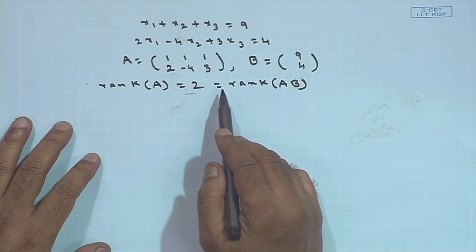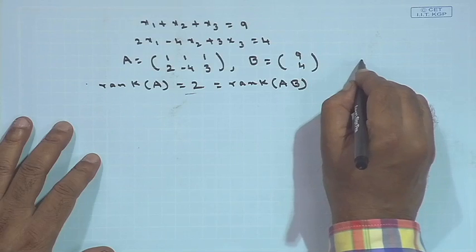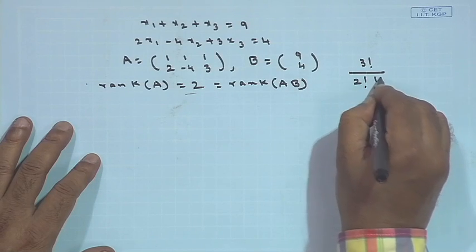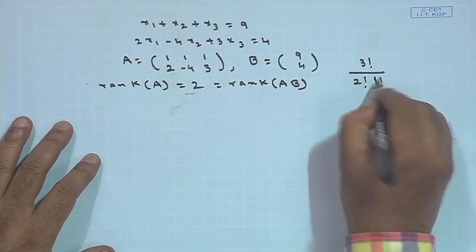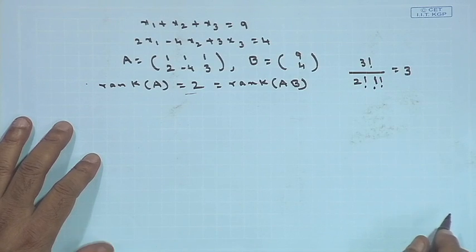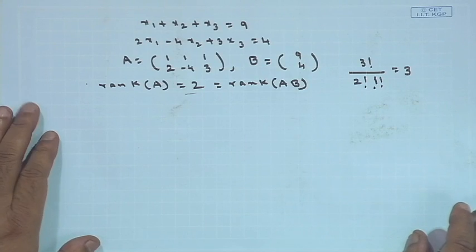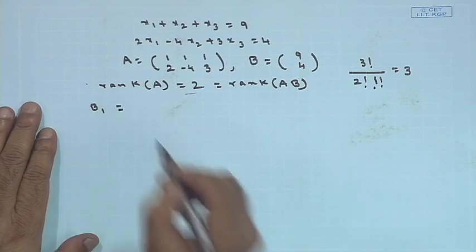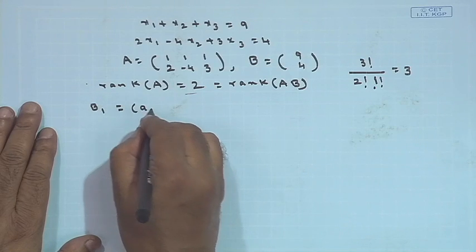So the number of basic solutions here will be factorial 3 by factorial 2 into factorial 1, whose value will be 3. So what can be the possible basic solutions from here? I can write the possible basic solutions like this. One can be A1 comma A2.